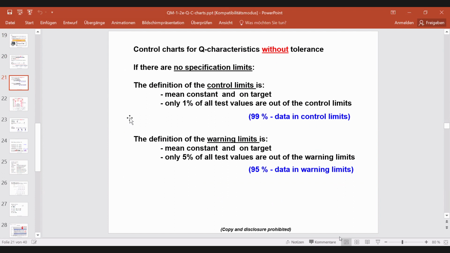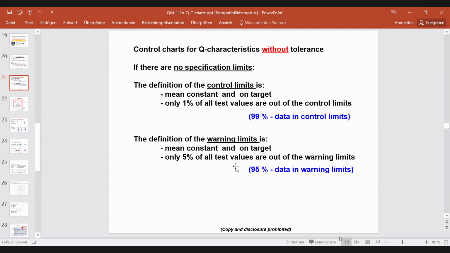If you have a control chart without tolerance, so the customer gives no tolerance, there are no specification limits, then you take the control limits for 99% data, in the 99% of the data must be inside of the control limits.